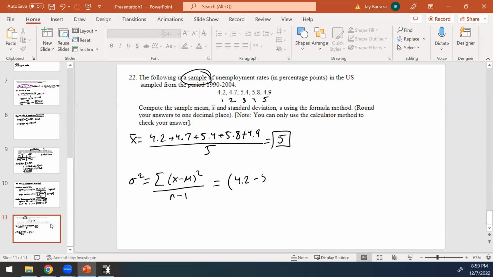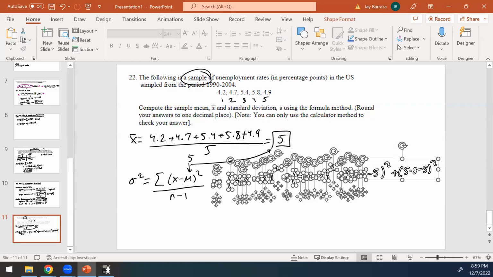And so this is equal to 4.2 minus 5, because this right here is 5 from right over here, squared, plus 4.7 minus 5 squared plus 5.4 minus 5 squared plus 5.8 minus 5 squared. I ran out of room.